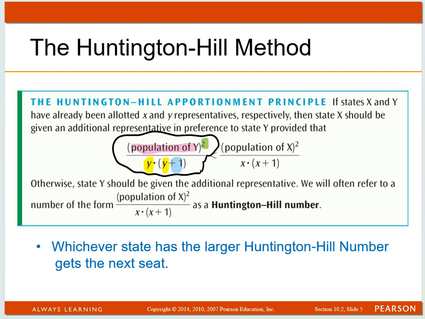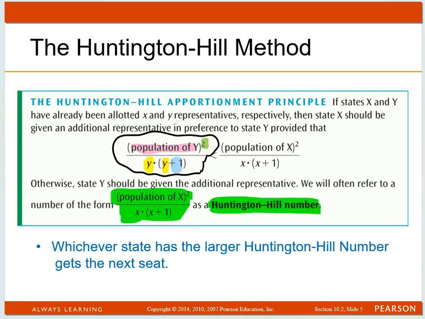And they wrote it all down here, which I'll highlight in a bright green. That's the formula for calculating what they call a Huntington Hill number. You take your population and you square it, and then you divide it by the number of representatives that they currently have, that is your X, times one more.